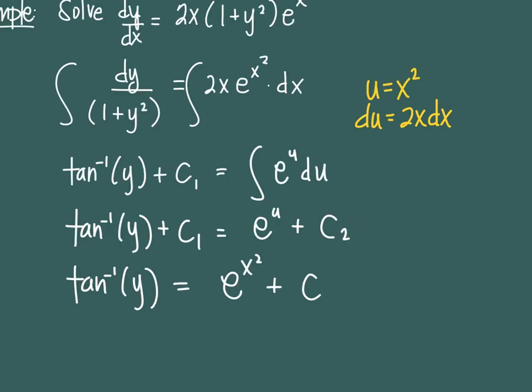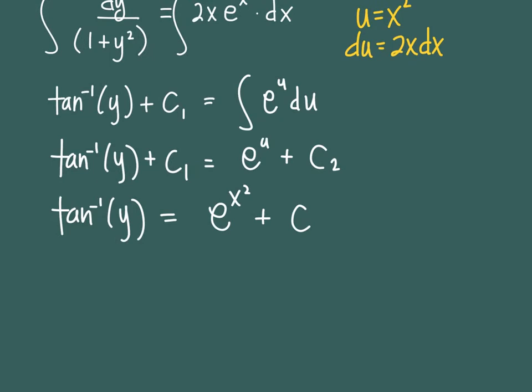Okay, Yi-Ting, finish it out. Let's get y by itself. What do I do to both sides so I can have y equals? Yep, tangent. So I'm going to apply the tangent, and the plus c is in the parentheses.